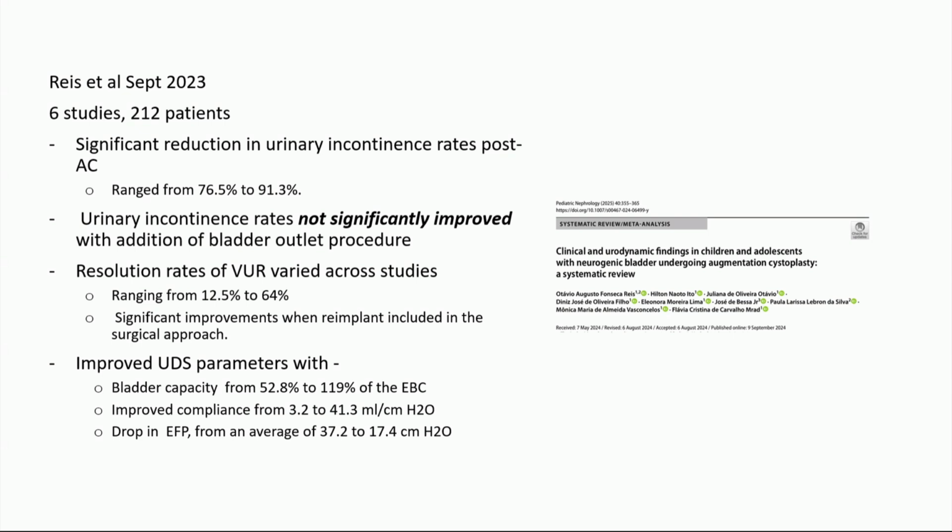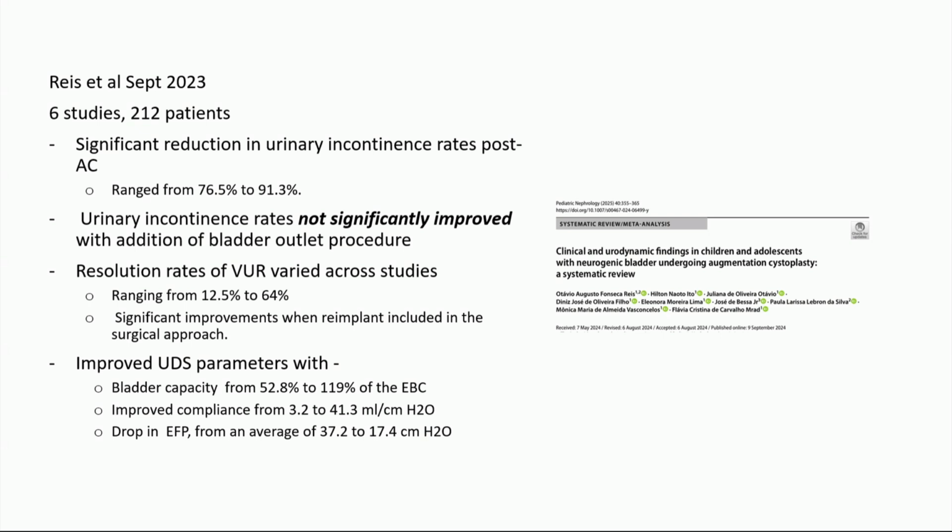A specific study compared the improvement rates between the patients who underwent augmentation alone and the ones who had augmentation as well as the bladder outlet procedure. This study concluded that there was no statistically significant difference in the rates of improvement in urinary incontinence between the two groups.